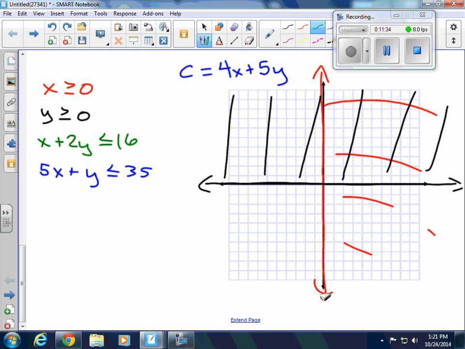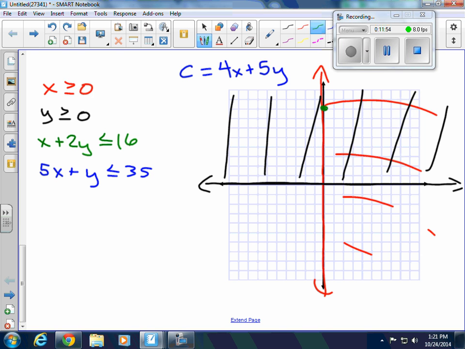Now, if we graph the green inequality, the x-intercept is 16, and the y-intercept is going to end up being 8. Okay, now I don't want to go all the way over and put 16 on my graph, so I'm going to put this in slope-intercept form.